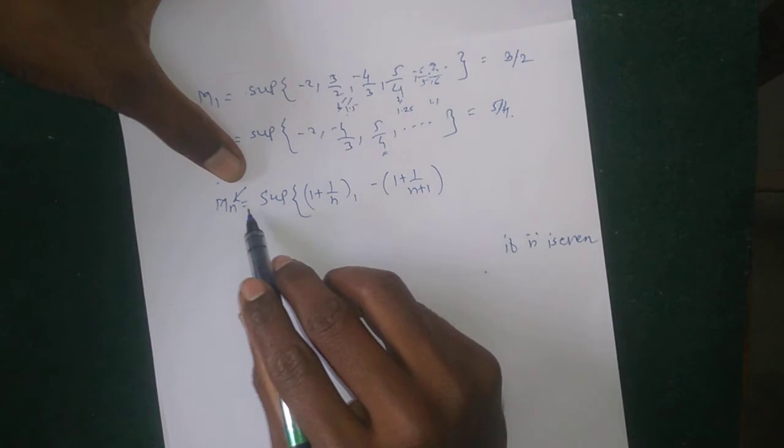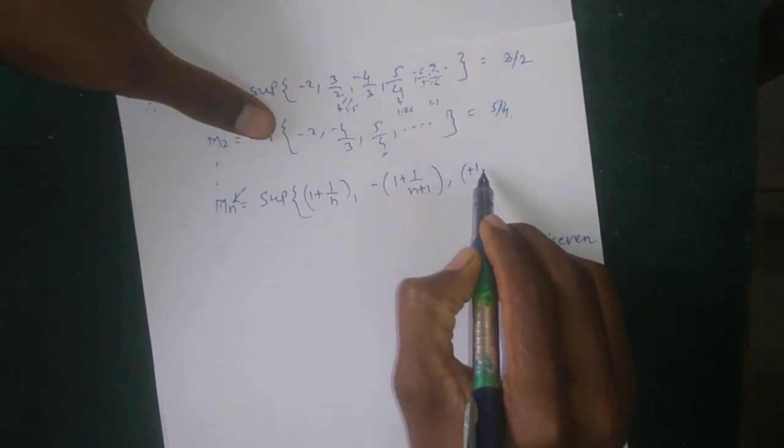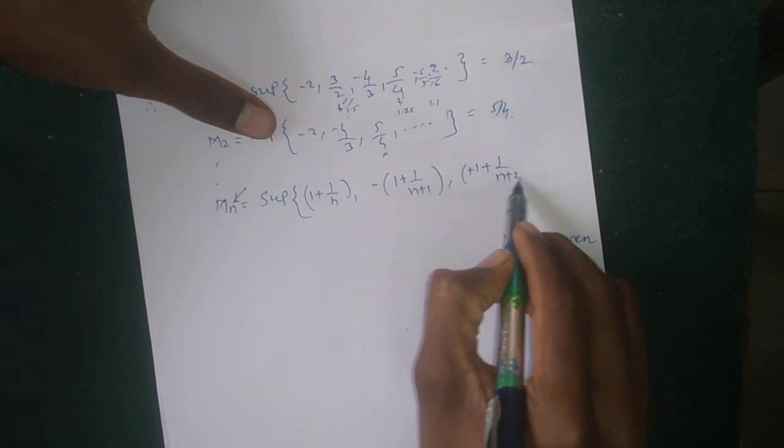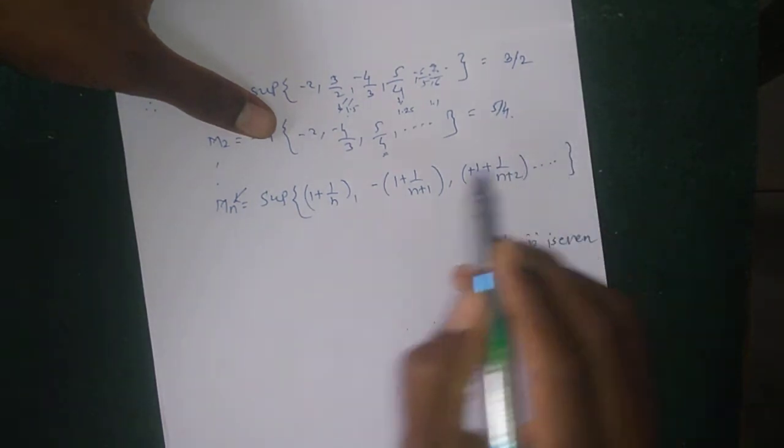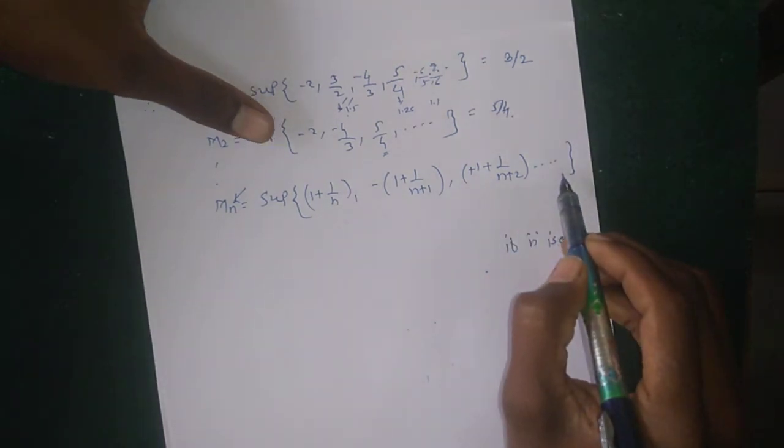Then the third value is 1 plus 1 upon n plus 2, and in this way we get all values of Sn.